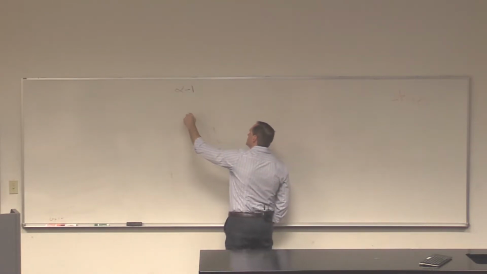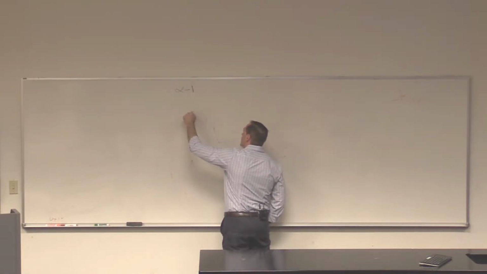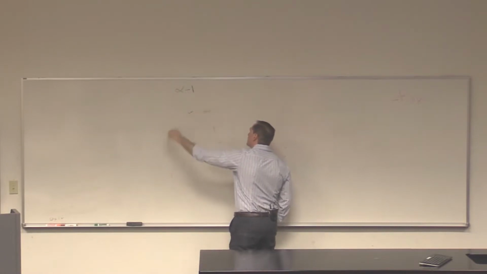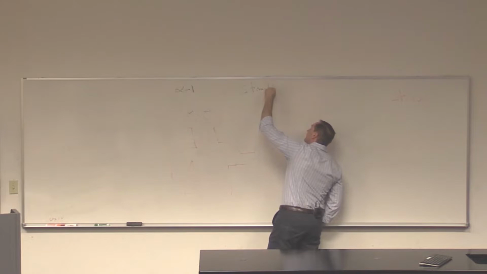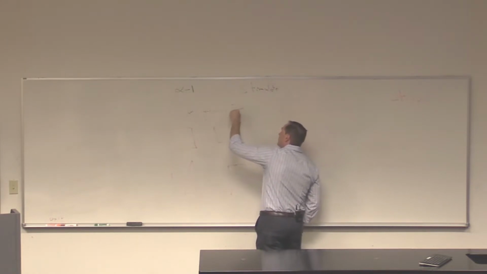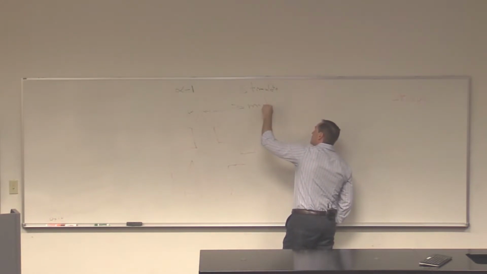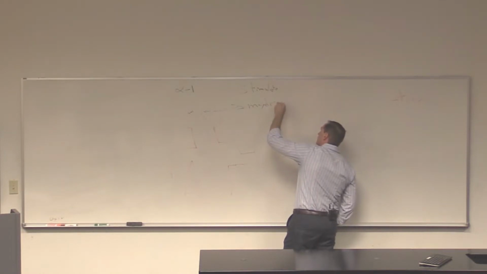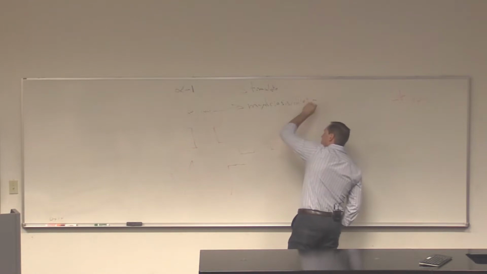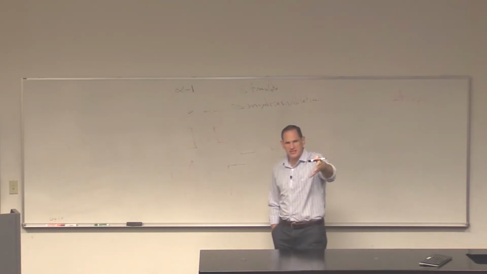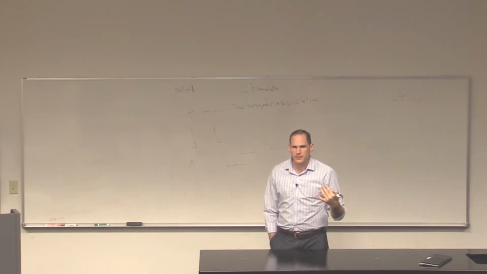The first place is in your eyes. So alpha 1 in the eyes. When we stimulate alpha 1, we're going to end up with mydriasis or dilation. So sympathetic response results in increased light coming into the eye.